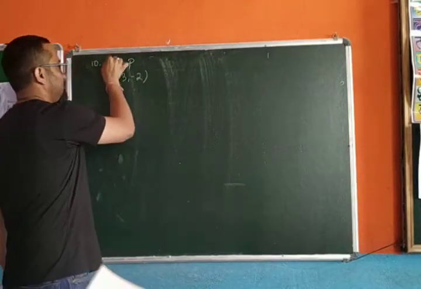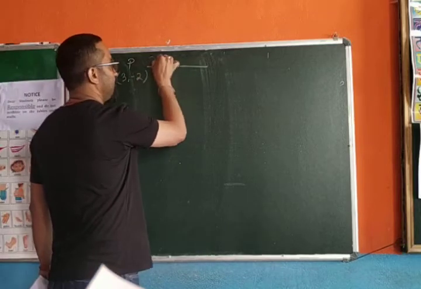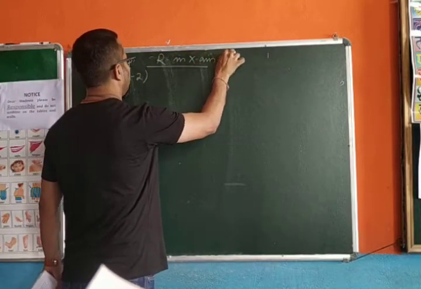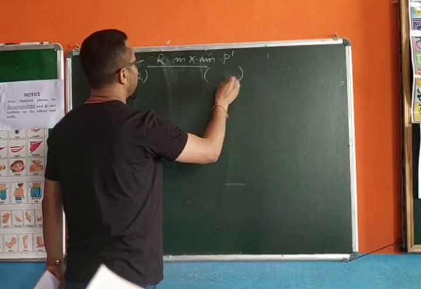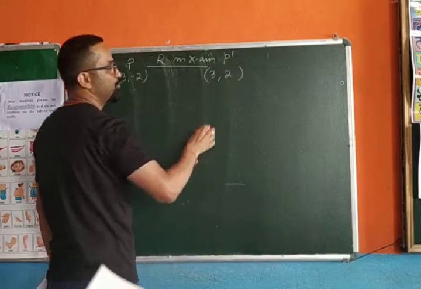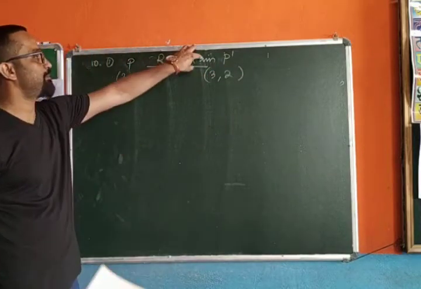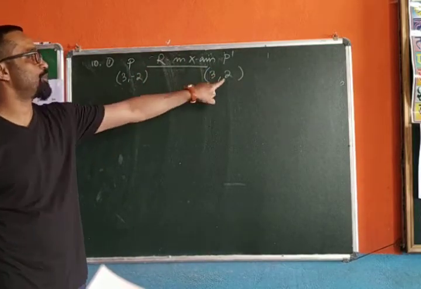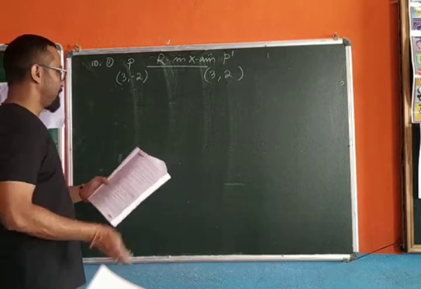Number 1: P reflects in the x-axis. You get image P dash, write down the coordinate 3, 2. X-axis means the ordinate will change the sign. It is minus, will change to plus.